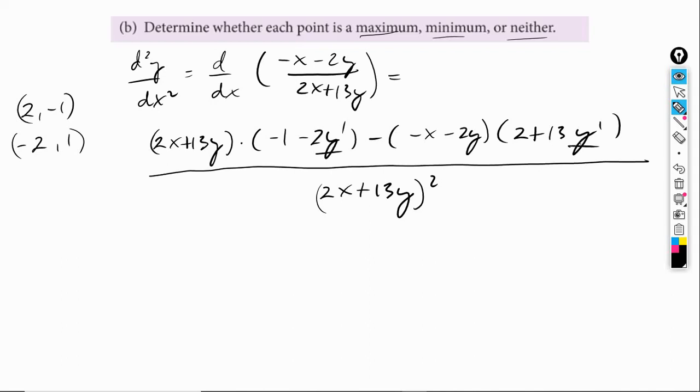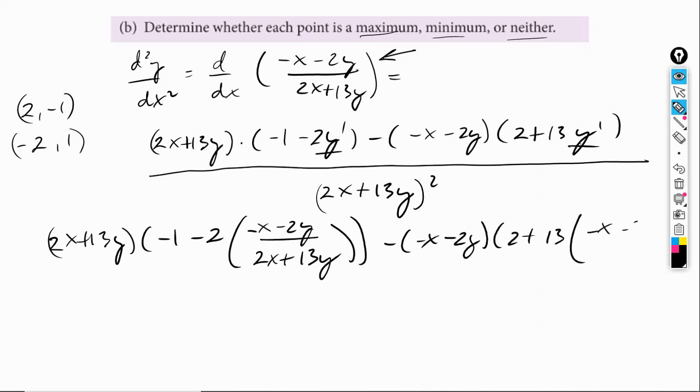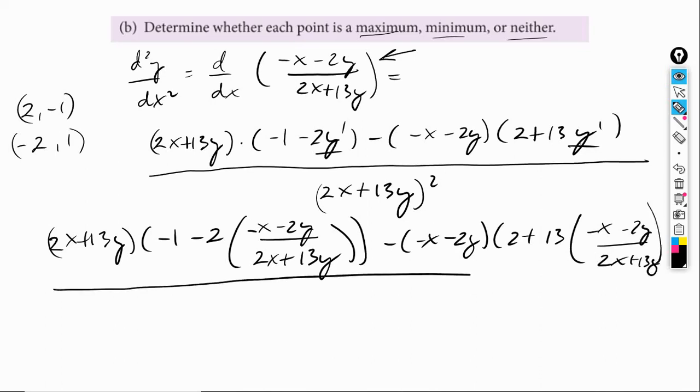But that is the same as the derivative, so we're going to substitute this with the first derivative, right, with this expression here. So what we get is a much longer expression that goes like this: 2x plus 13y times minus 1 minus 2 times the whole expression. And this minus x minus 2y times 2 plus 13y prime, but instead of y prime again, we write the first derivative. And all of this, of course, over 2x plus 13y squared.